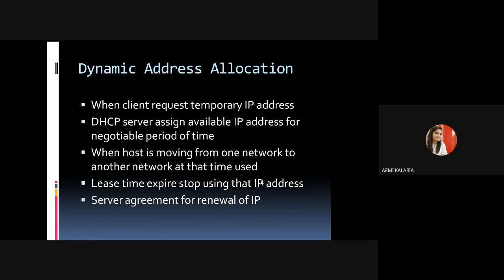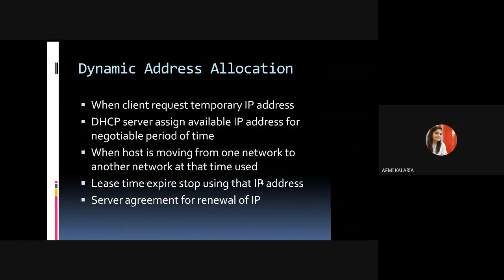So what do you mean by negotiable period of time? It is for a specific time, which we can call lease time. If the lease time is expired, and the user still wants to use that IP address, then it has to request the server to renew that particular IP address. If the server agrees, then it's okay.